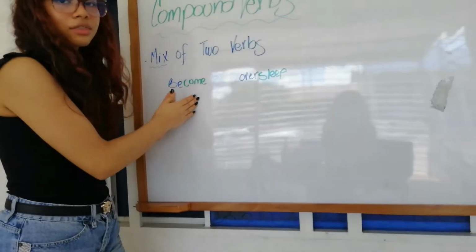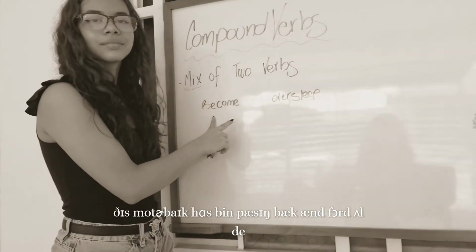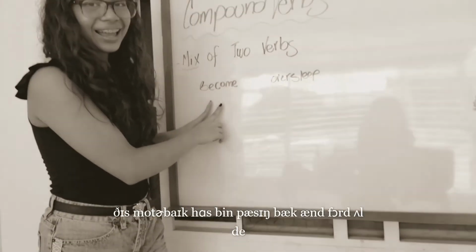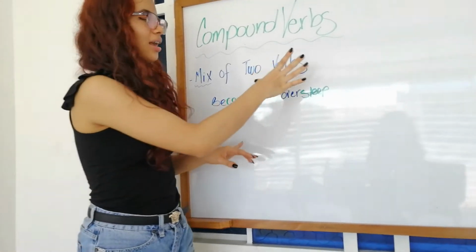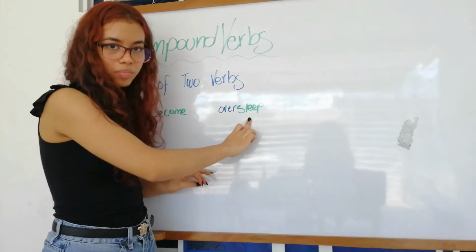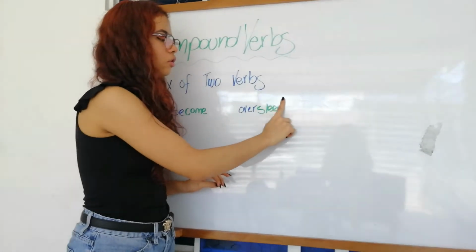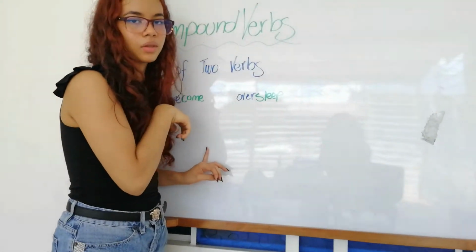They go together, they become friends, and now they're just one word, one verb. It happens the same with this one. For example, we got over and sleep. Now, if you mix them together, we got this verb called oversleep.